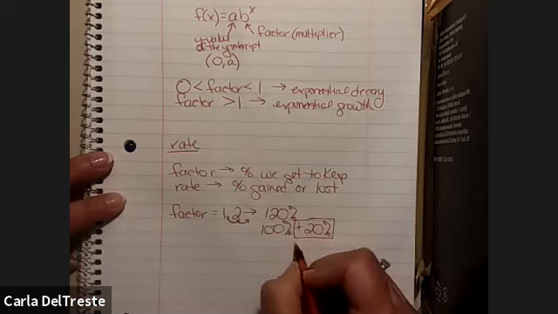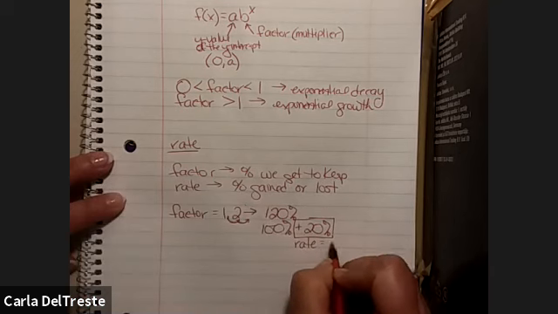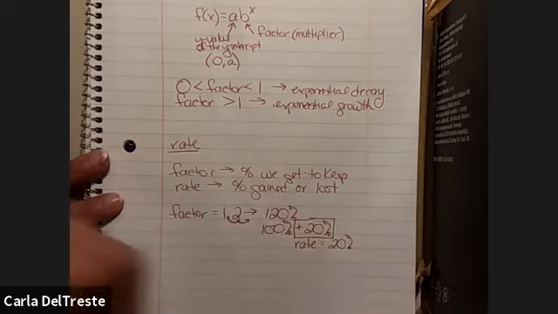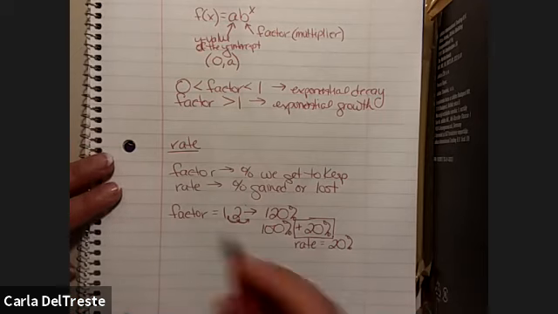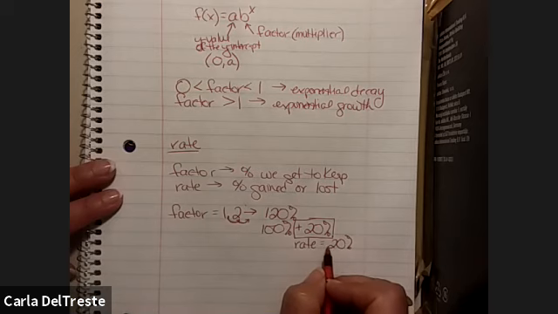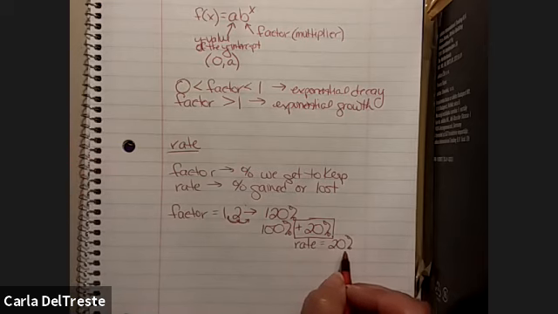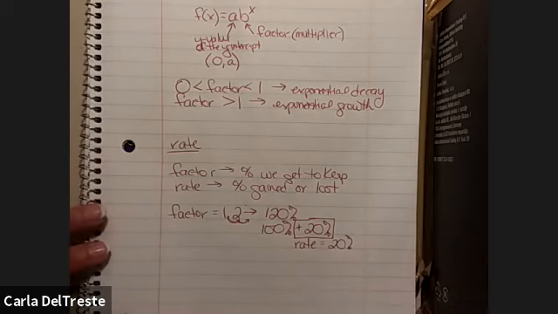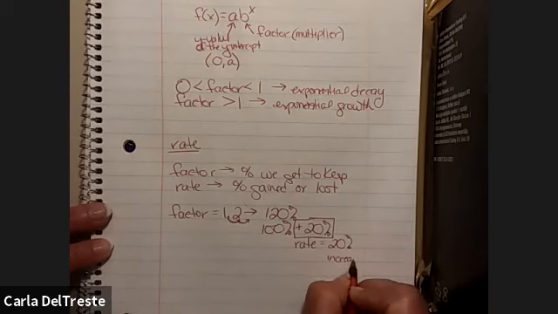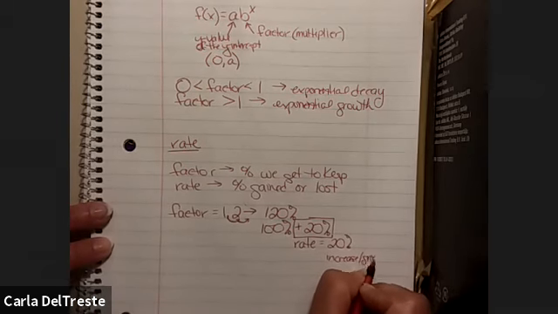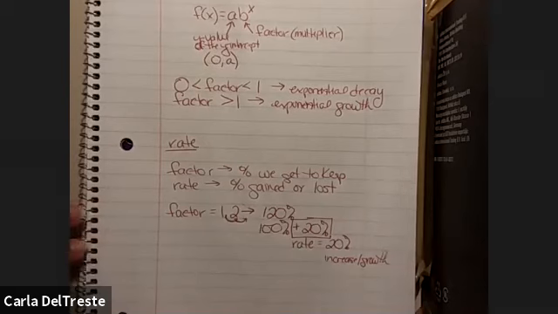And so I can say that the rate is only the 20% because that is the increase. The fact that this is positive means that it's an increase of 20%. But if you want to say increase, that's okay too. So that means we have a 20% increase or growth, depending on what language you want to use.